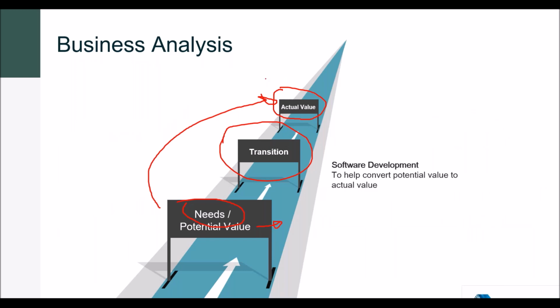So at the end of it, a business analyst also needs to look at whether that solution was effective enough to resolve the problem as anticipated in the beginning. If not, do we need to do something about it? Whatever corrections are required, that has to be done by the business analyst.